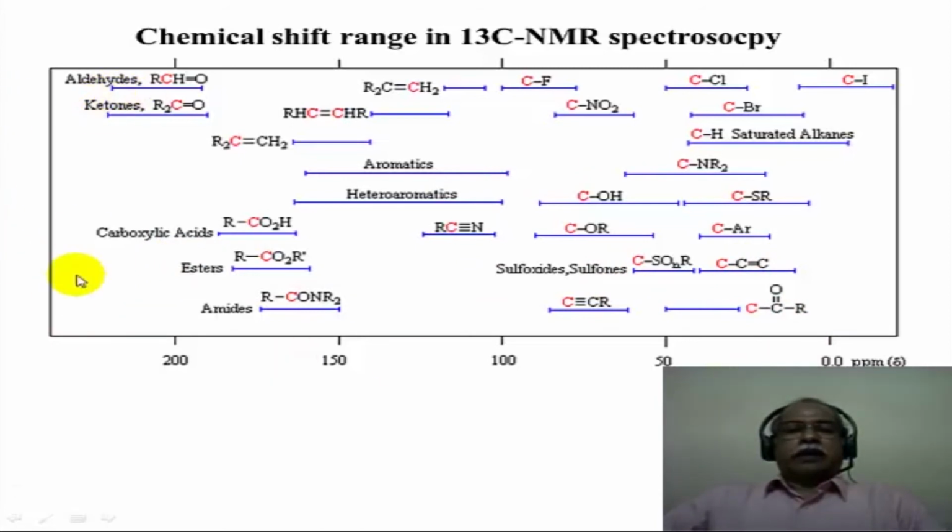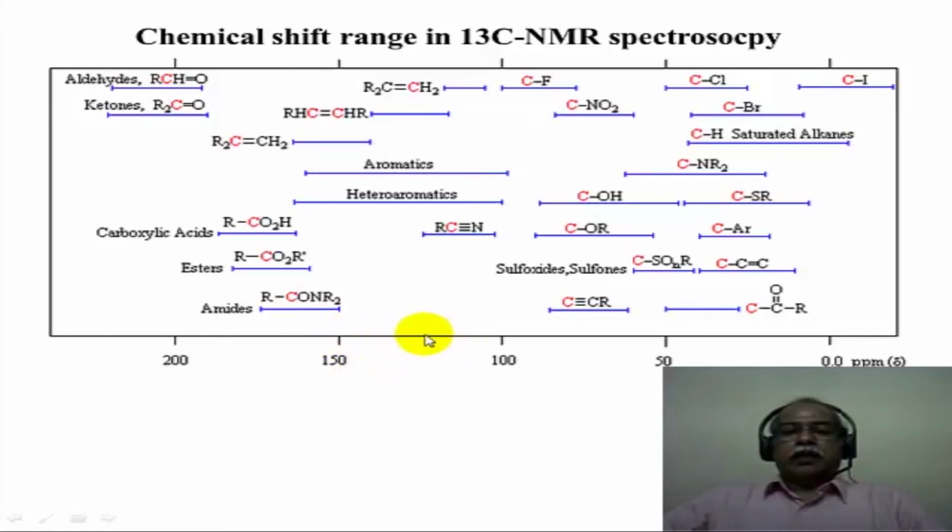Starting from the higher end, if you look at the 220-200 region, it's mostly the carbonyl carbons that come in this region. Carboxylic acid derivatives come in the region between 160 to 180 or 185 or so. The aromatic carbons come in the region between about 110 to about 140 or 150, depending upon whether you have electron donating substituents or electron withdrawing substituents.